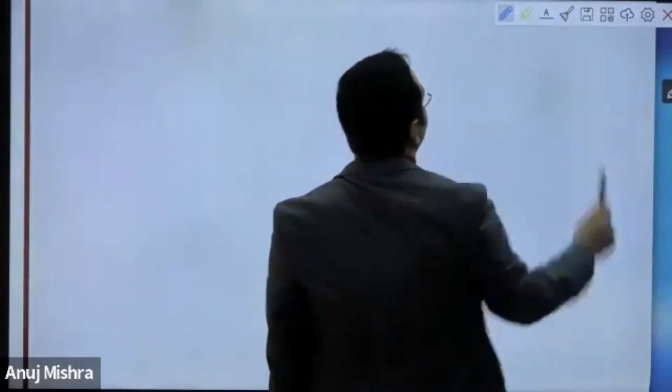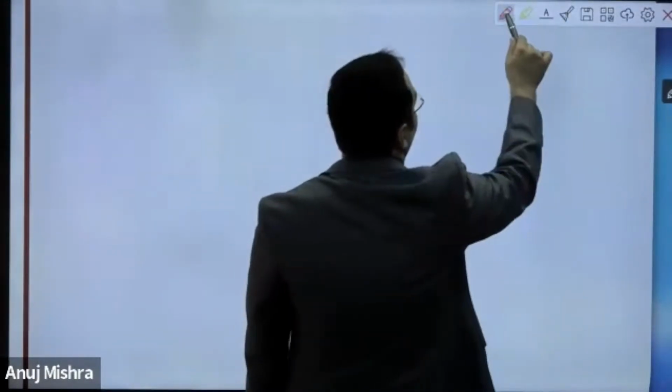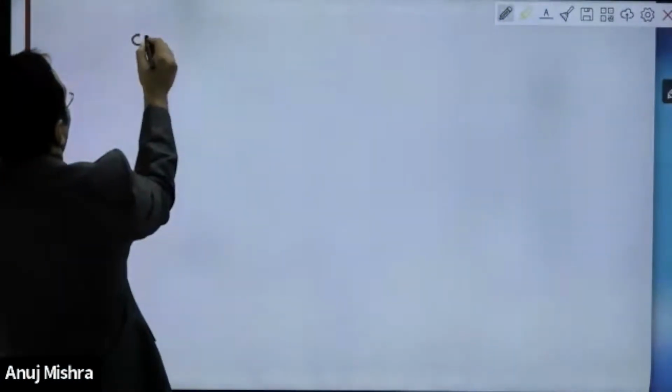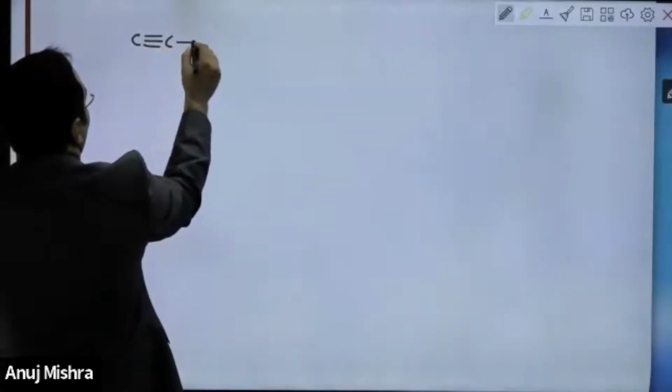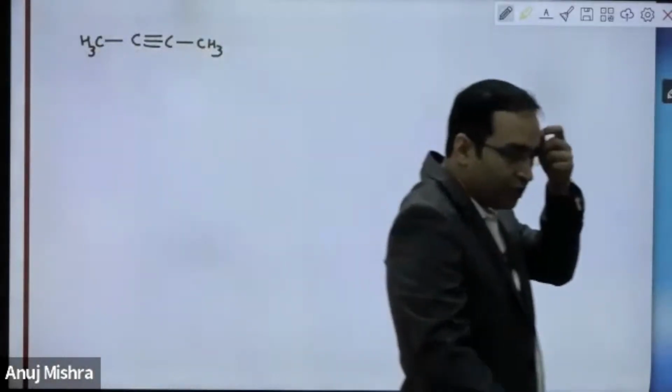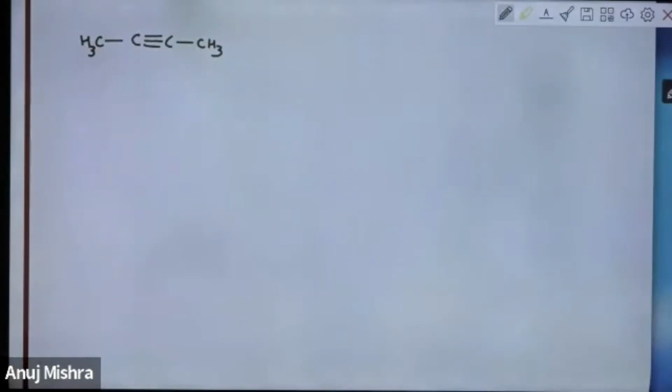So let's see these two cases and try to answer. Case number 1. Let's start with this example. Anyone who can tell me why I'm writing CH3, why not hydrogen, Akshay? Why is CH3 or something written, why not hydrogen? That's a terminal alkyne.